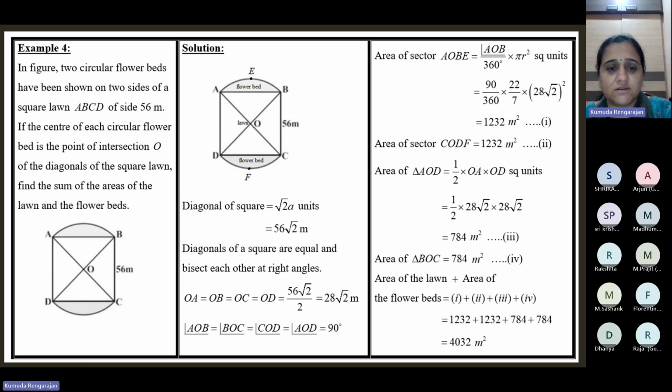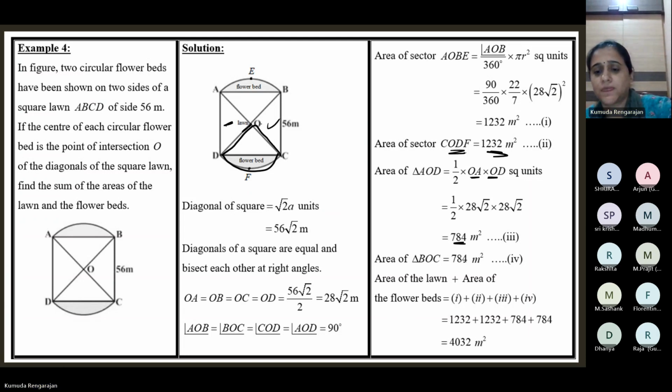The area of the other sector, CODF, is also the same thing. Then the area of triangle AOD will be half into base into height, half into OA into OD. The same will be the area of triangle BOC.